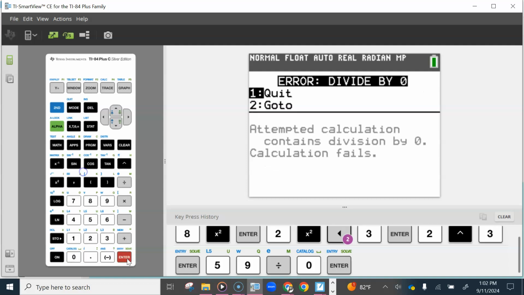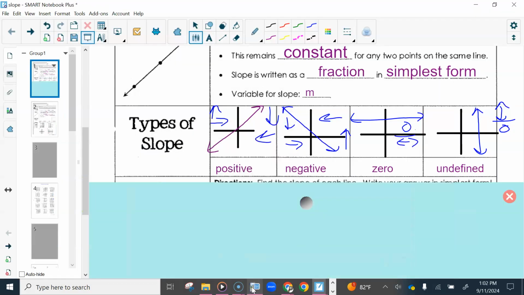You should get something like this, an error. You can't divide by 0. So 0 divided by a number is fine, but we can't put 0 in the denominator. That's why we get an undefined slope. So anytime you get an error, that's an undefined slope.